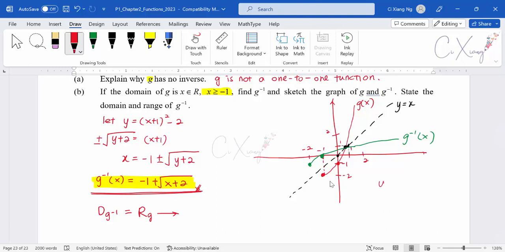Therefore, you're having y greater than or equal to -2 for the range of g. Which means that my domain of g inverse will be equals to the range of g. Just that I need to change the y to become the x because domain is talking about value x, right? So it will be x greater than or equal to -2.